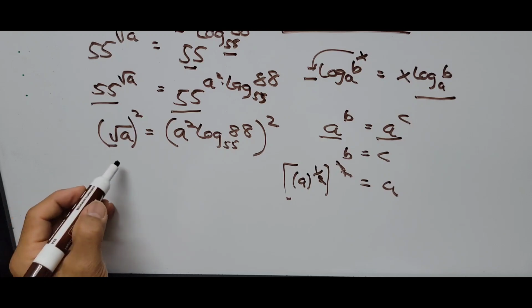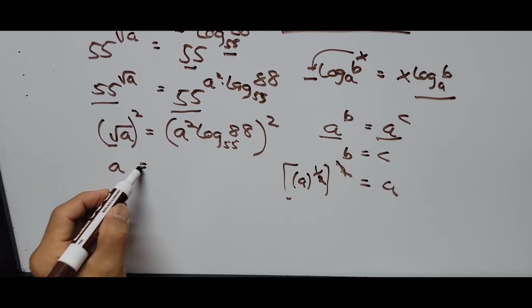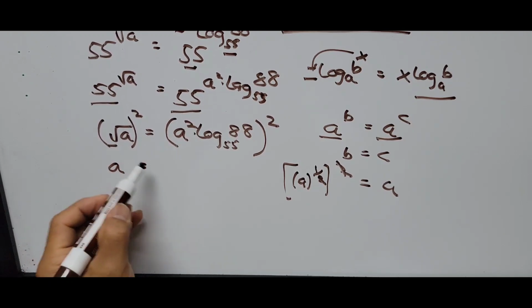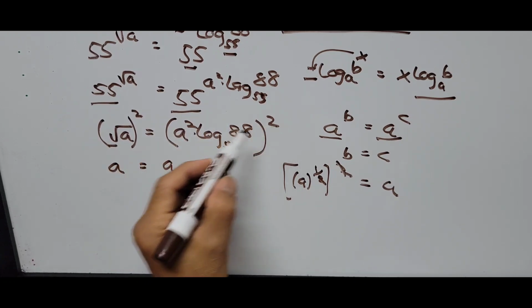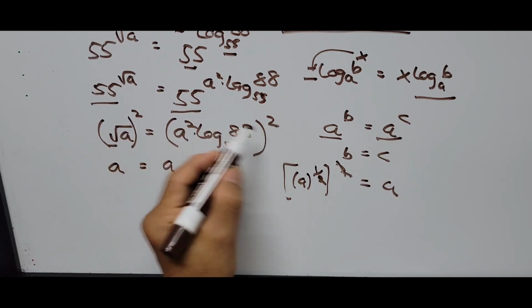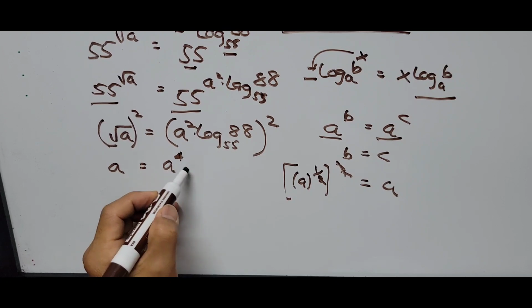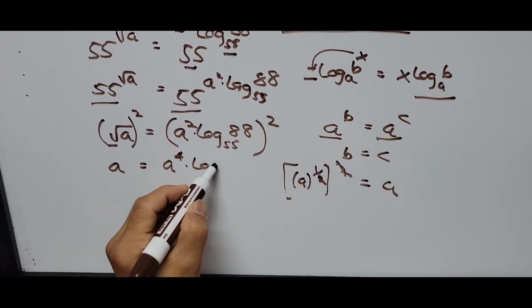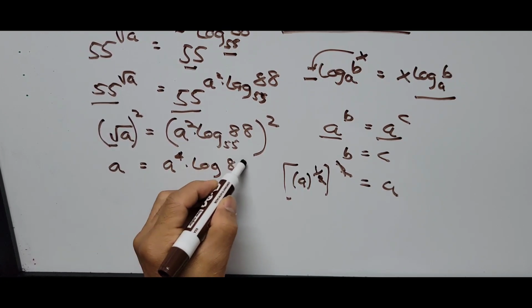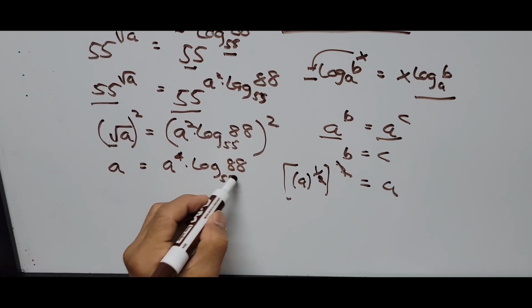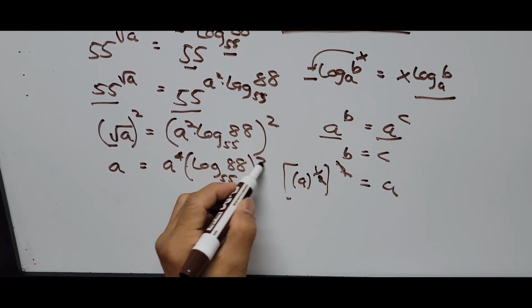So now the left side becomes a, and then equal to a squared, and since we're squaring it, that's 2 times 2, that's 4, times the logarithm of 88 to base 55 squared.